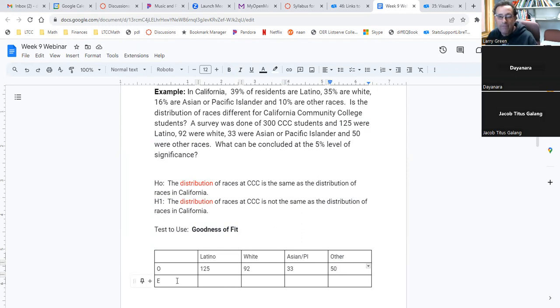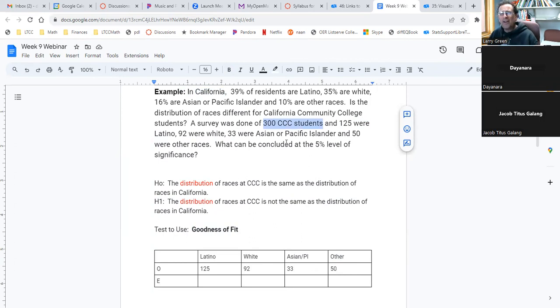Okay, now we're ready for the expected. The expected is what you would expect to have if it perfectly fit the distribution of the known population. The known population in this case is California. We have a sample size of 300 community college students.